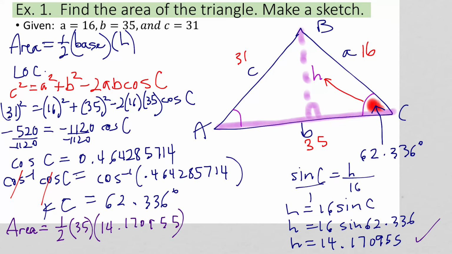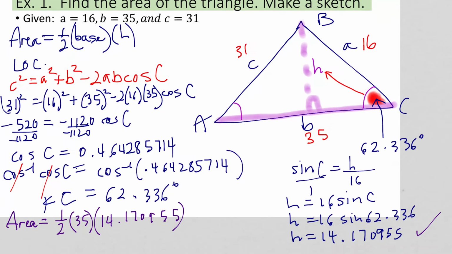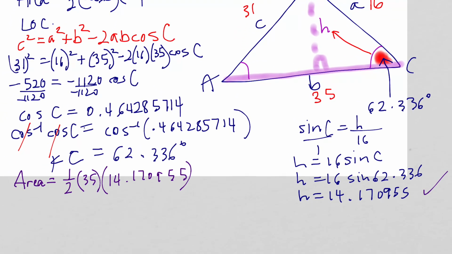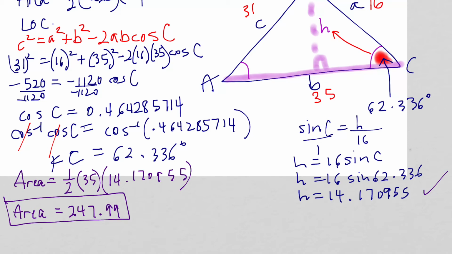So plugging all that in, I'm going to type that into my calculator to get my area. And I rounded to the hundredths place, and I got 247.99. So this is square units here. If you were given feet, it would be feet squared, whatever it is, inches squared, yards squared. Your units are squared when you're calculating an area.